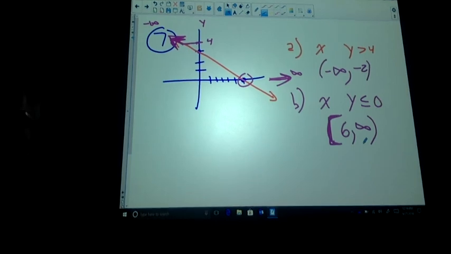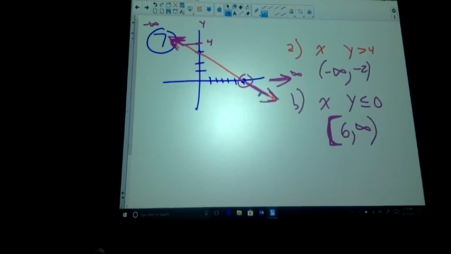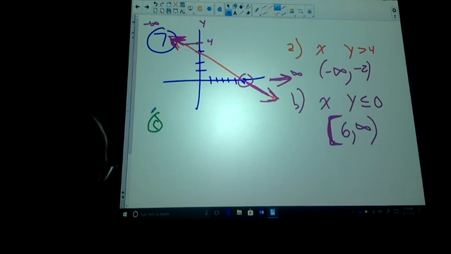Again, it's another kind of big idea, and we're talking about this portion of the graph, but we're describing this portion of the graph in the context of the x-axis, which is the horizontal axis. Okay, so that's A and B. Letter C, for what values of x is y in between?